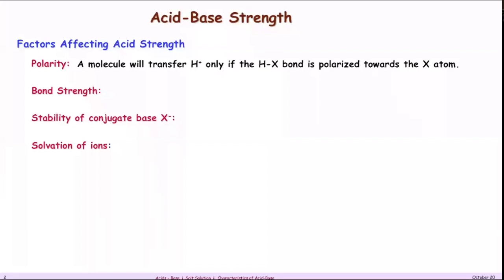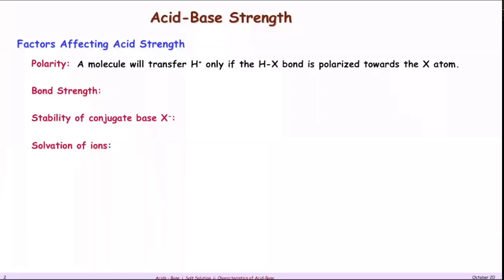Remember, the weaker the hydrogen to X bond, X might be a chemical that's holding onto the hydrogen, the stronger the acid, because acid by definition wants to give up that hydrogen. So an increase in polarity makes that chemical a stronger acid.